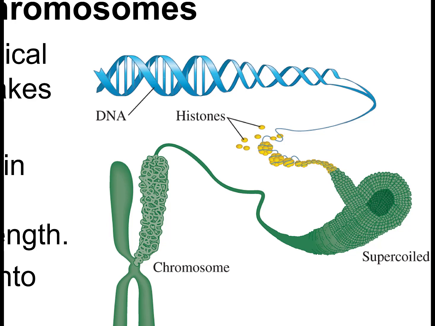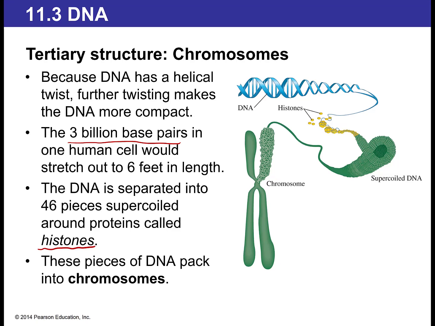And what it does is it takes this really long strand and it helps to condense it. It helps to shorten it. It helps to organize it. So the odds of it twisting and tearing go down. So this wraps the DNA into a structure that's called chromatin.